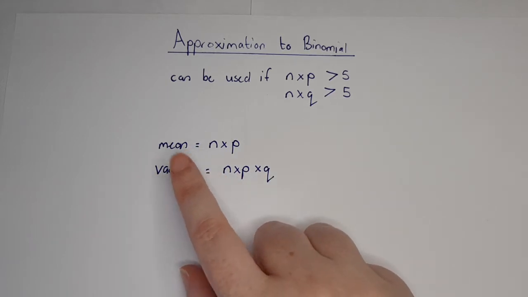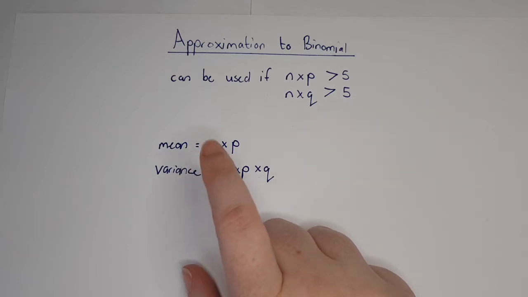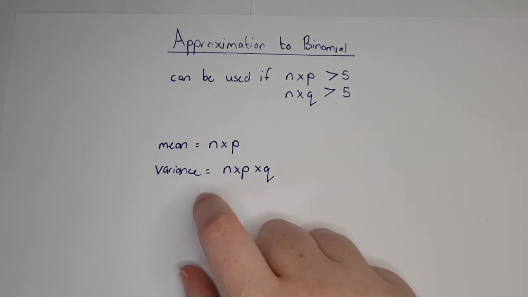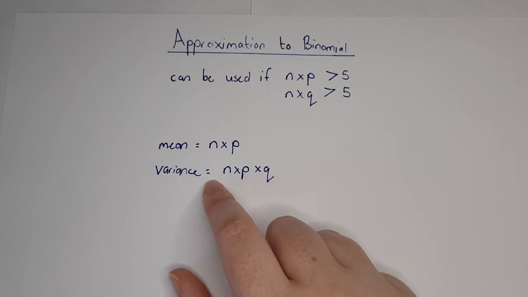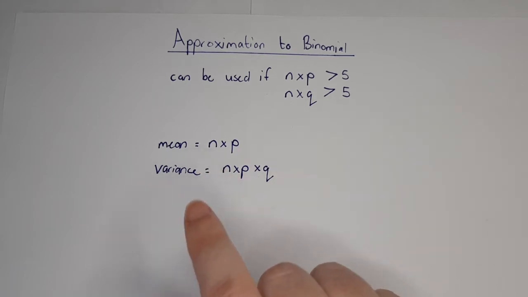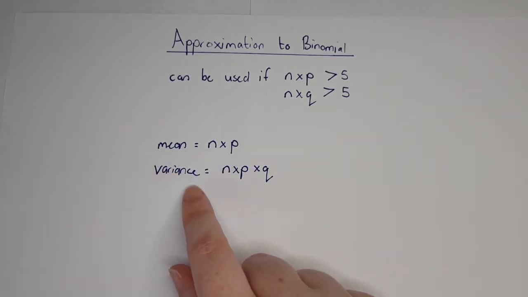Once we have the mean and the variance, I can square root that to get my standard deviation. Then I can do my normal distribution where I can standardize my variable and read it off the table. The only really important thing to remember when we're doing approximations is the formulas for calculating the mean and the variance.